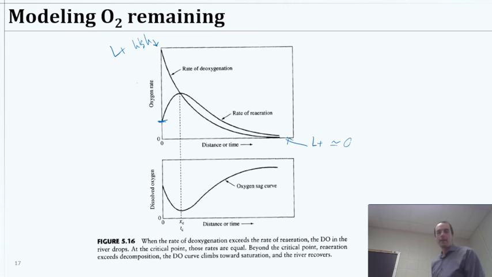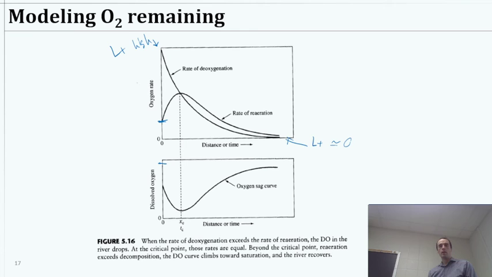Not right now, please. Okay, so then if we take a look at the dissolved oxygen in the system, again, we said we were not starting at saturation. We start maybe here. We have some sag. We reach a critical point. That's ultimately what we're interested in finding before going up. So the top graph corresponds to this one here.